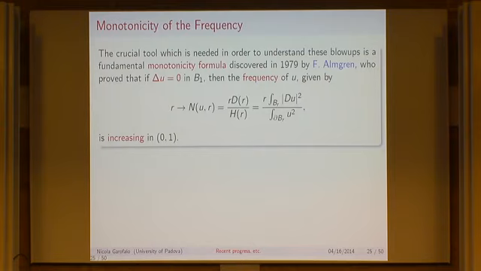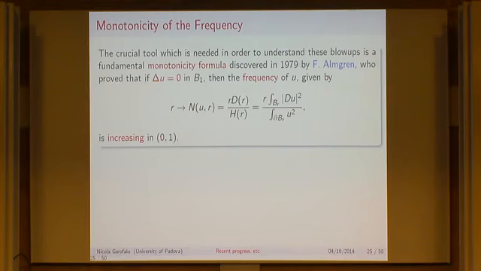Almgren actually proved this result for multiple valued harmonic functions because he wanted to use it in his study of the regularity of minimal surfaces. Suppose you take a standard harmonic function in a ball and look at this quantity. This quantity, which he called the frequency for a reason I will tell you in a moment, is monotonically increasing in (0,1).